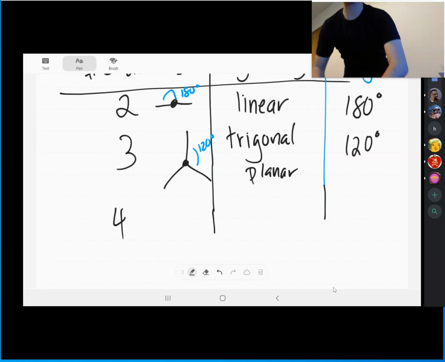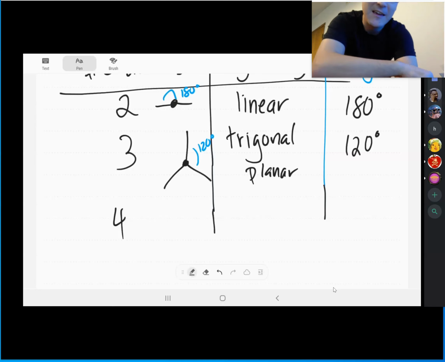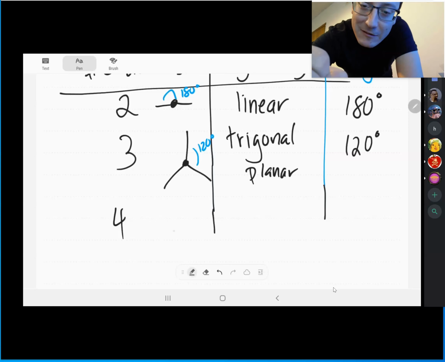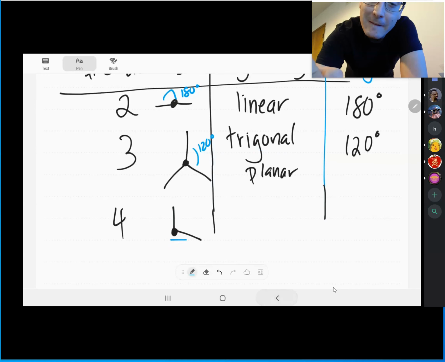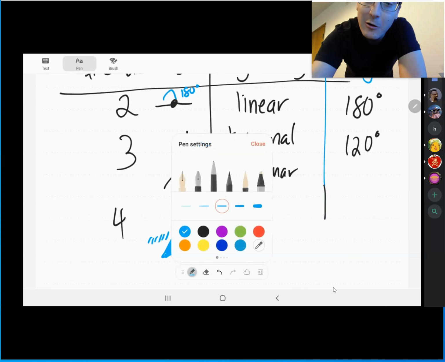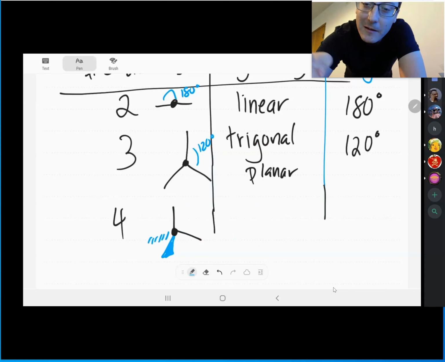What this looks like, yeah. We're going to have our middle thing. We're going to have one of them that comes out at you, and one of them that goes into the board.